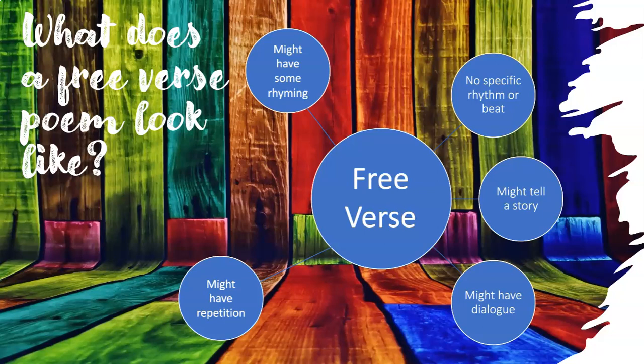It might have some dialogue, like where to start, and it might have repetition, right? All those things, it might have some of those, it might have this, but there's no specific rhythm, okay? And there might be some rhyming. This lack of specific characteristics is what makes it a free verse poem.